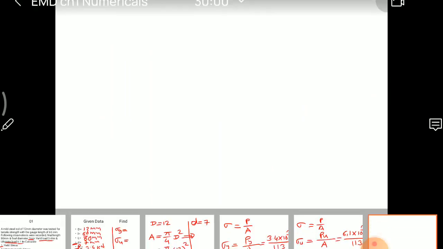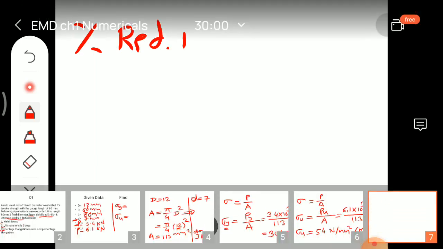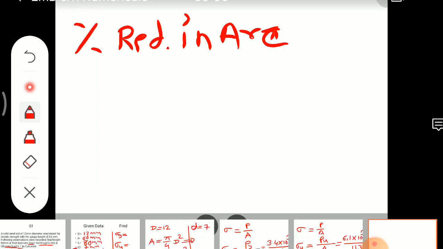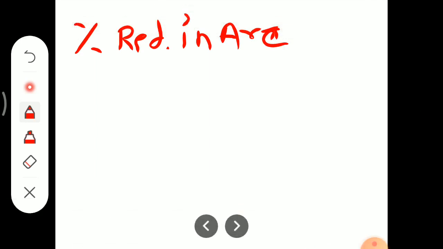Now the third term is percentage reduction in area. You have to write this in your notebook also: percentage reduction in area is equal to.